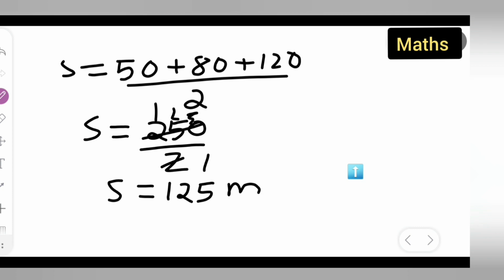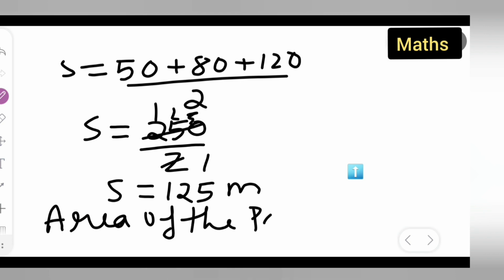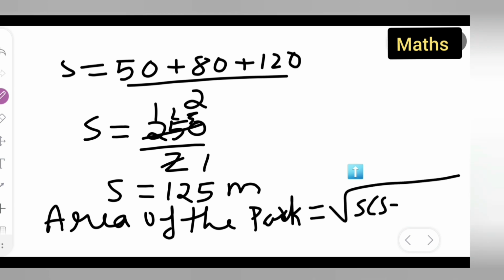Now I will be taking area of triangle of that park, area of the park, is equal to root of S into S minus A, S minus B and S minus C. Okay, so let me write it over here. So you will get what?